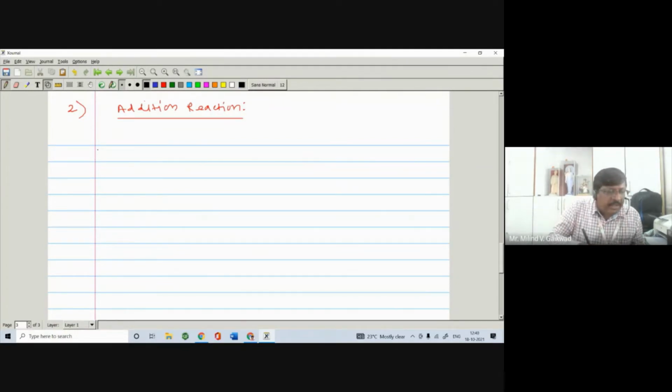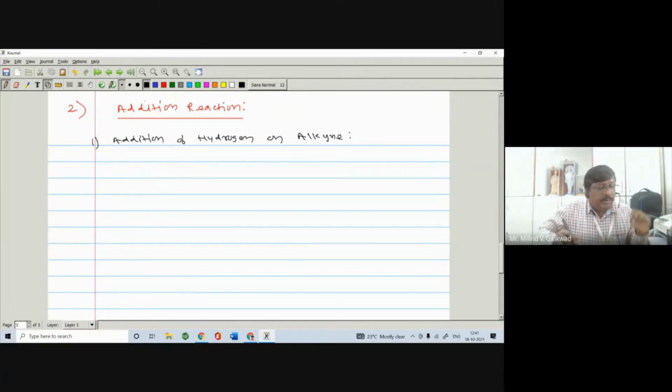For example, the addition of hydrogen on alkyne, reduction of alkyne to give the corresponding alkene compound. So this is also one of the preparations of alkene.